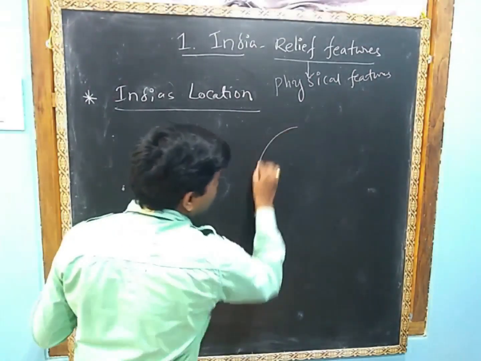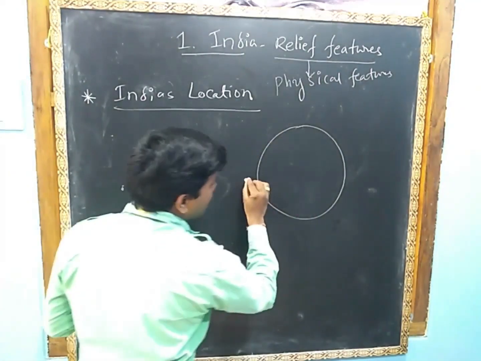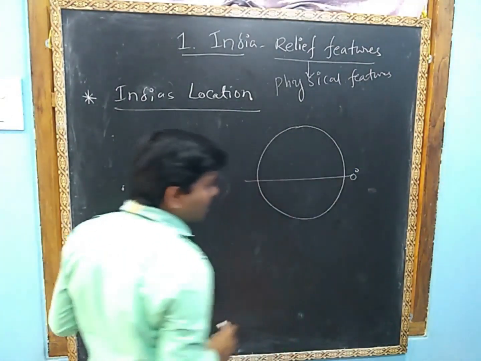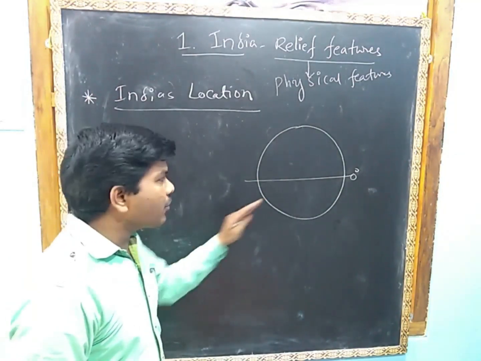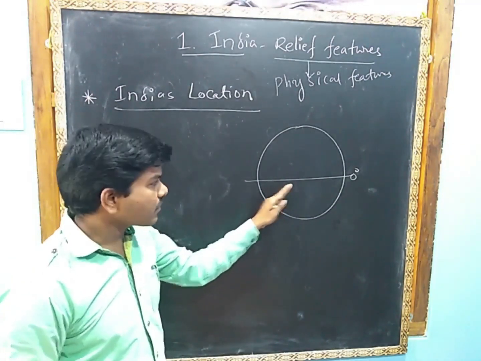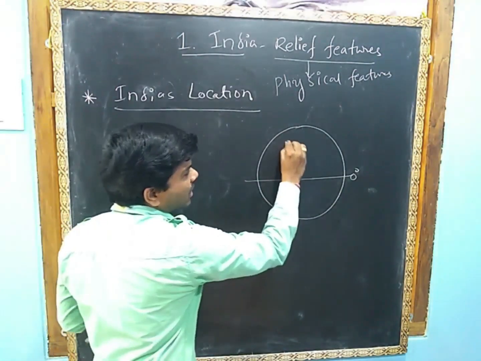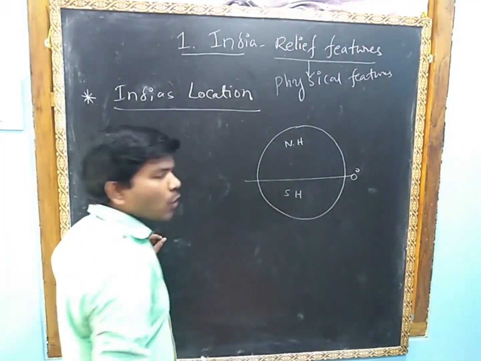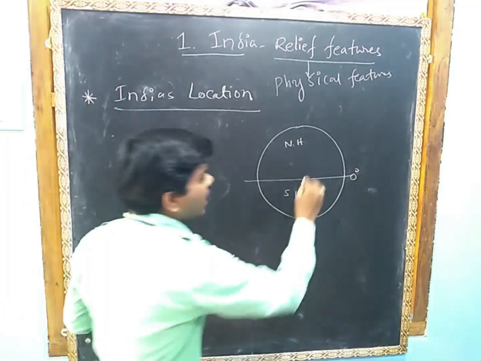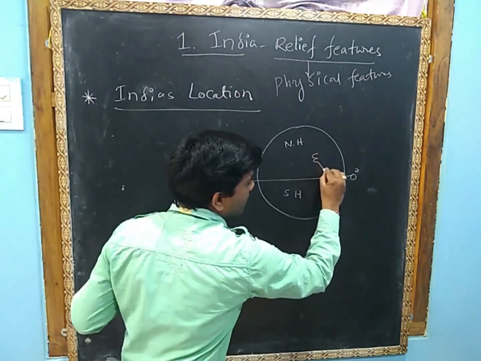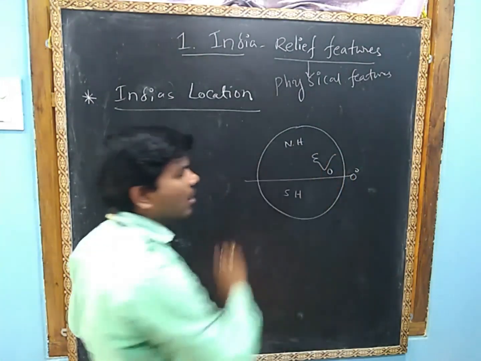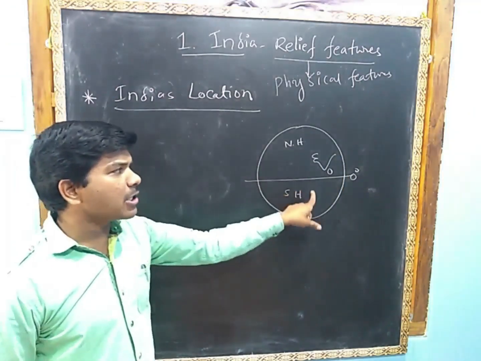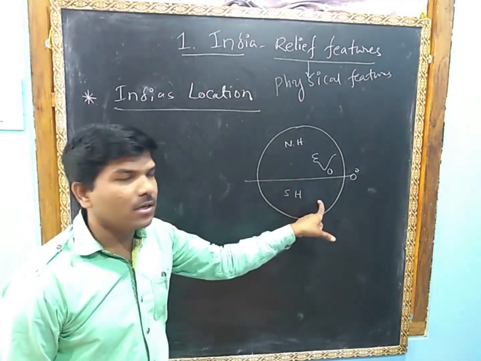You see India's location on the globe. This is the equator. The equator divides Earth into two equal halves. This is the northern hemisphere, and this is the southern hemisphere. So India is located in the northern hemisphere.